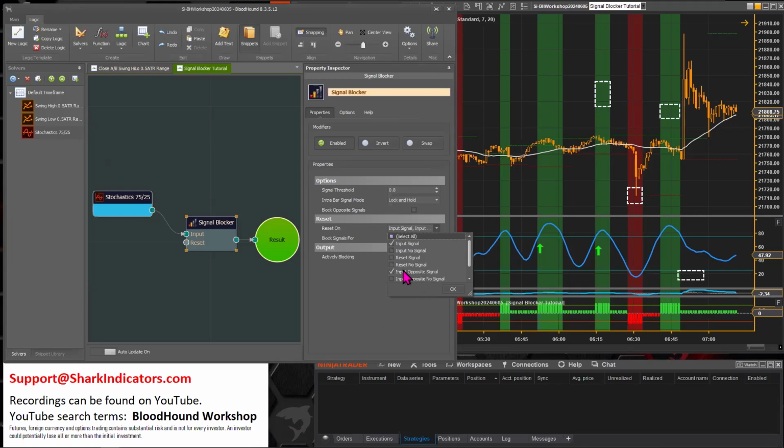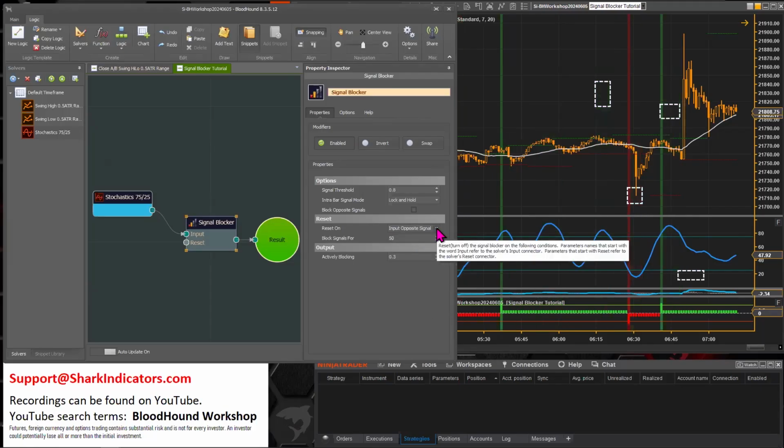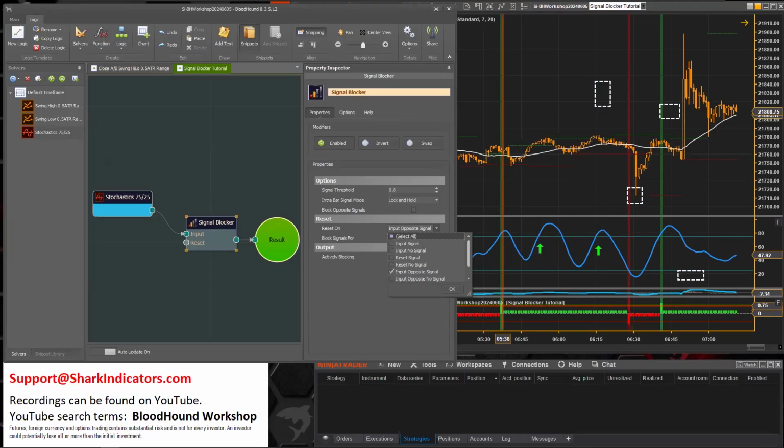And then we do have opposite signals. Hopefully these terminologies are pretty self-explanatory. Let's turn off that, and focus on what opposite signal means. Right now, long signals are being blocked.